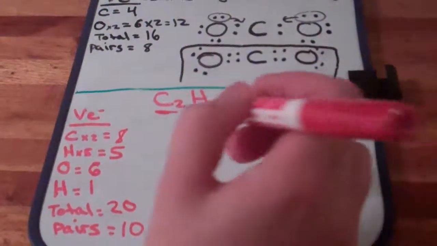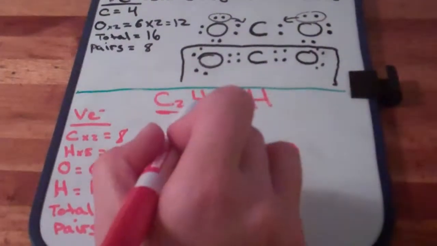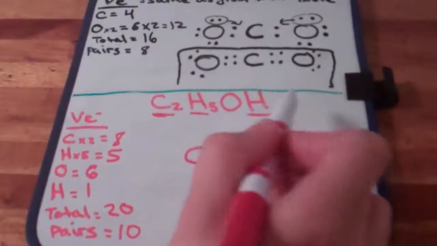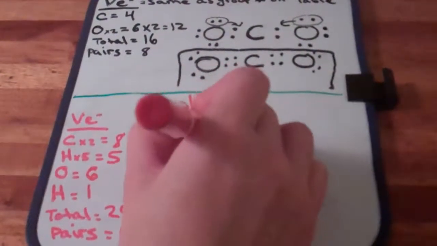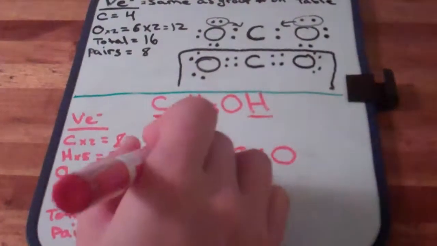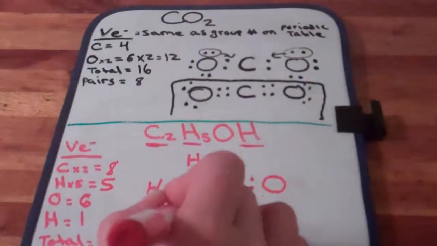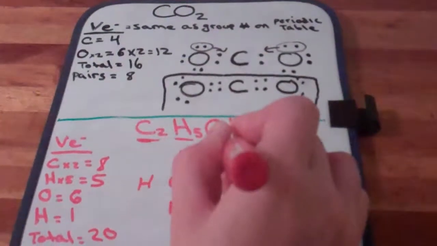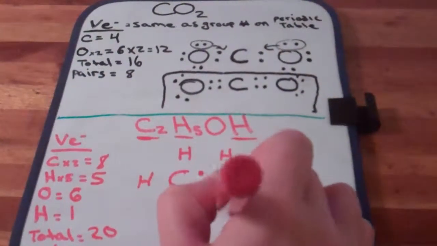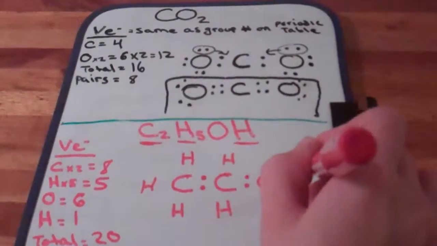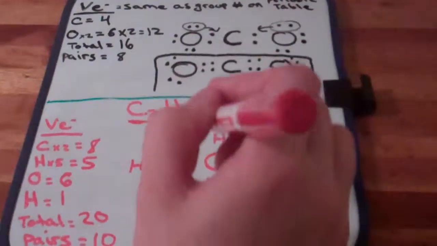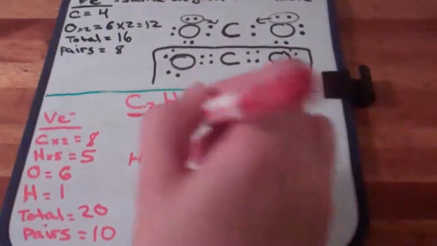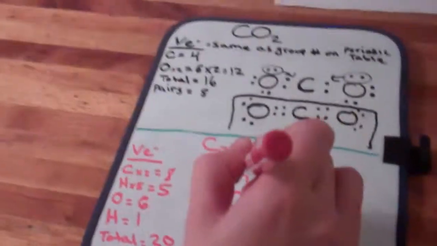Now we have to fill in the hydrogens. So there's 5 here and there's 1 here. So we'll do 6. So hydrogen, hydrogen, hydrogen. And then we're going to put it out here just to make it easier. So now we're going to put more single pairs and try to get 10 of them.